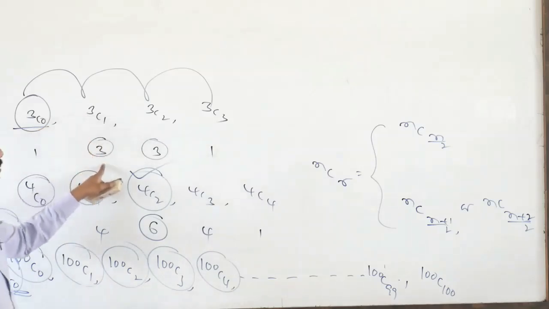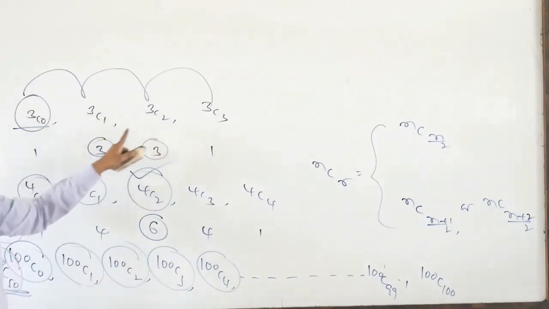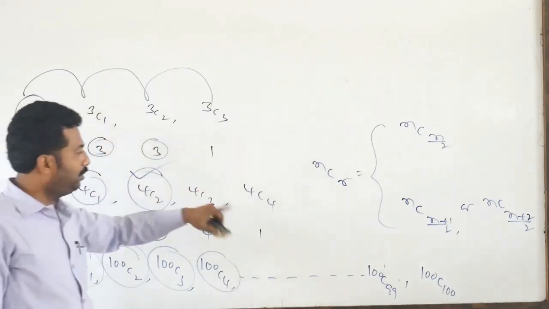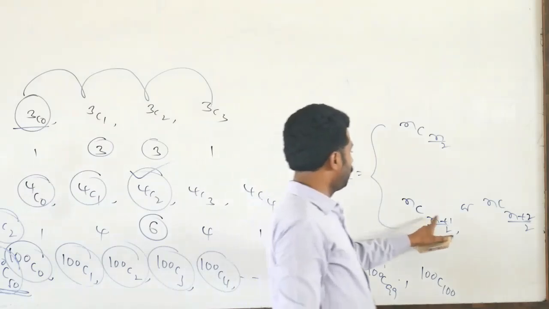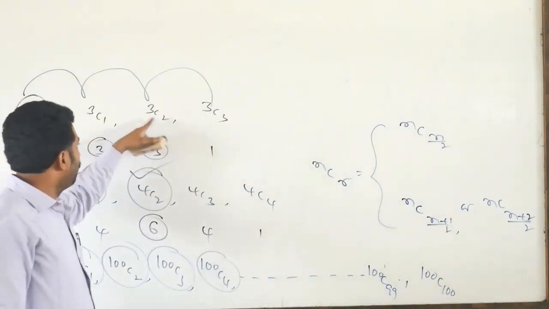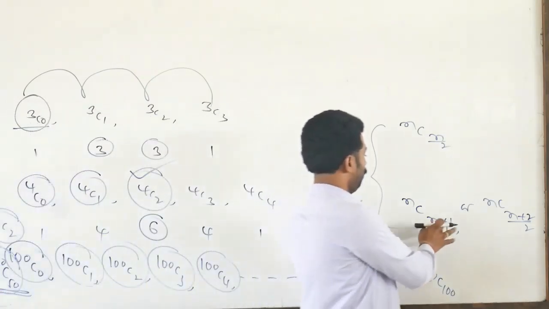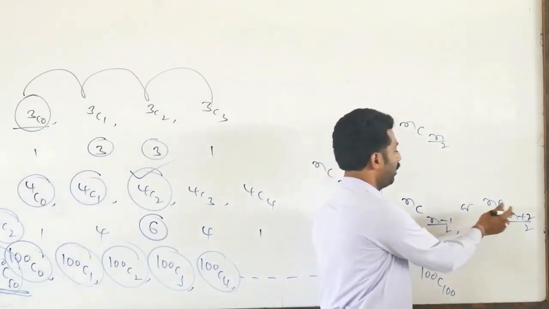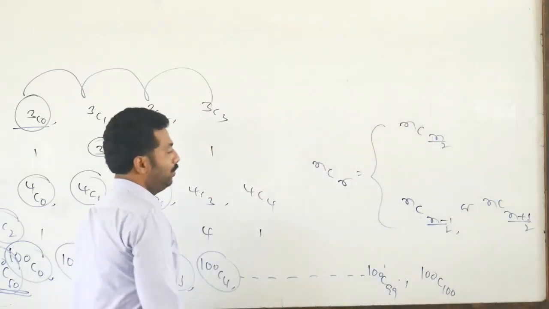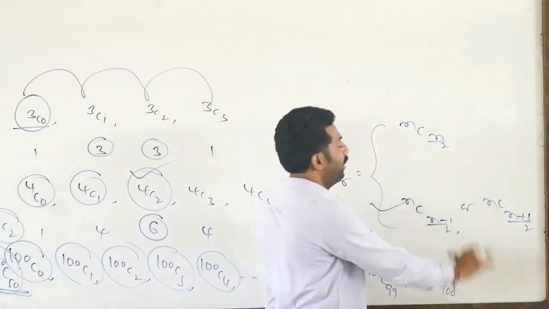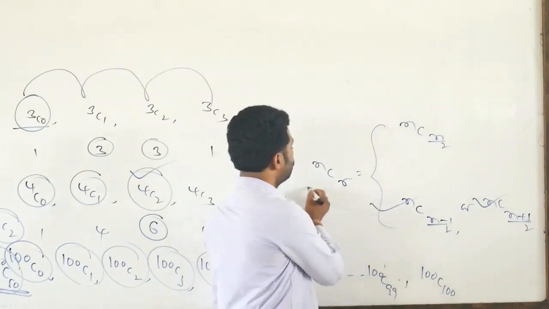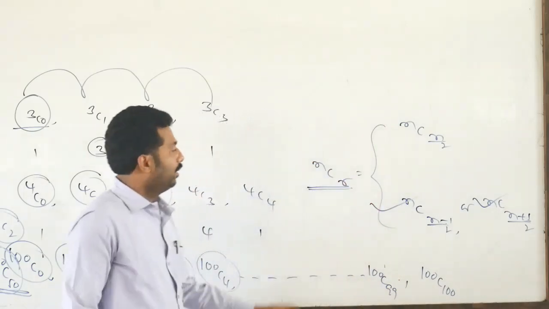The largest are 3C1 and 3C2. 3C1 means (3 minus 1) by 2, and 3C2 is (3 plus 1) by 2, that is 4 by 2. So the largest are nC((n-1)/2) and nC((n+1)/2). This formula you should remember.